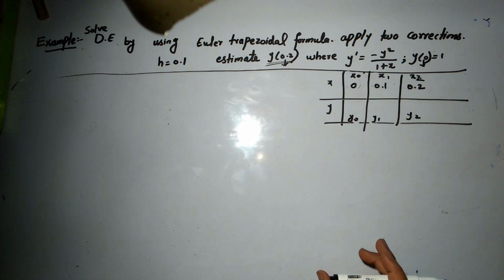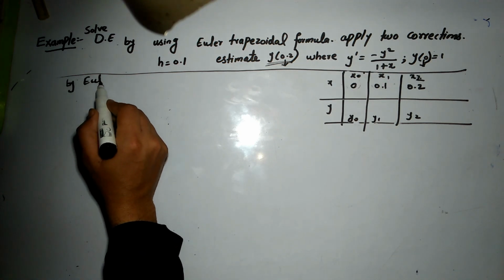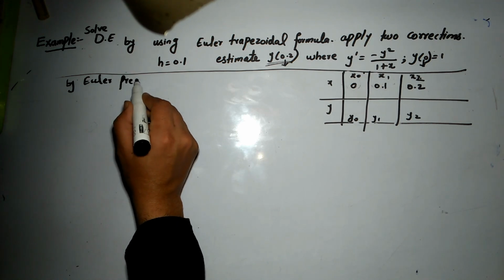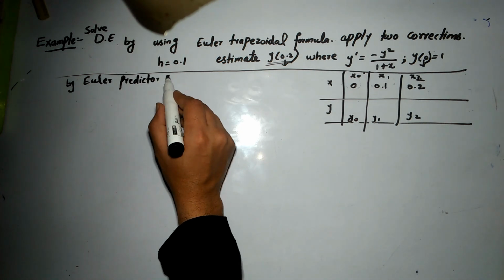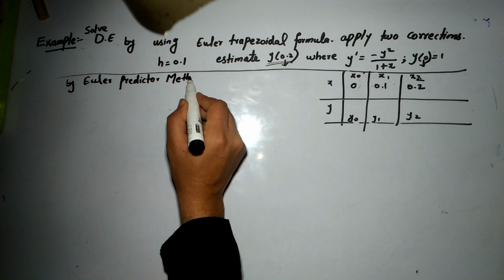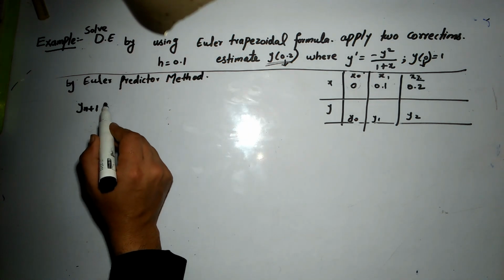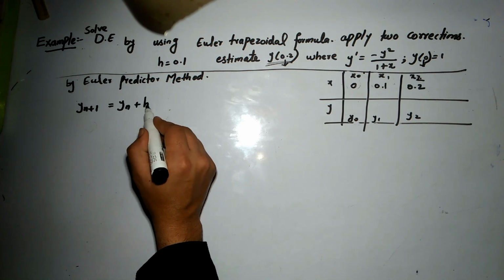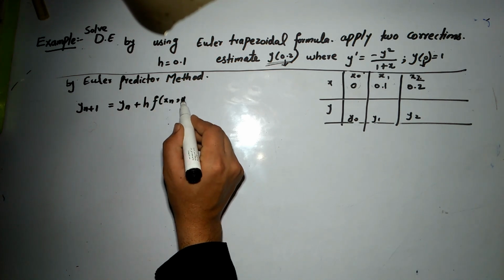First of all we will apply the Euler predictor formula or method, which is y_{n+1} = y_n + h f(x_n, y_n).